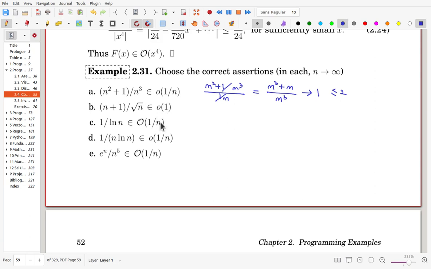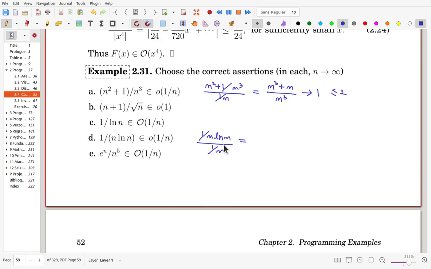In the same way, you can check the others. And now let's go to the fourth one, this one. We start with the ratio 1 over n log n divided by 1 over n.